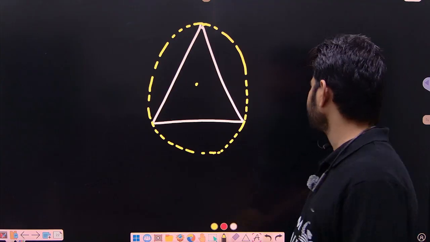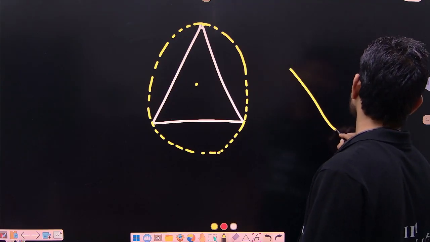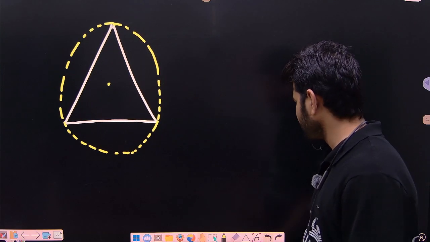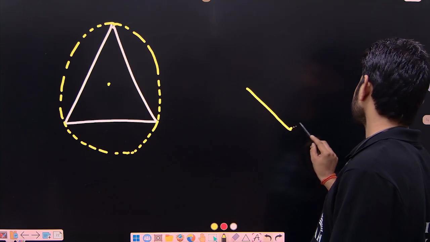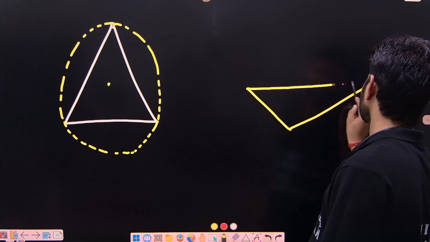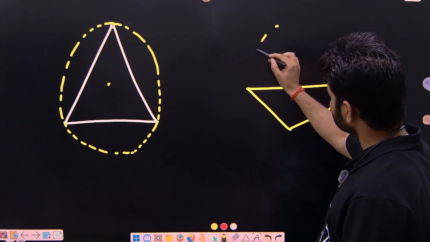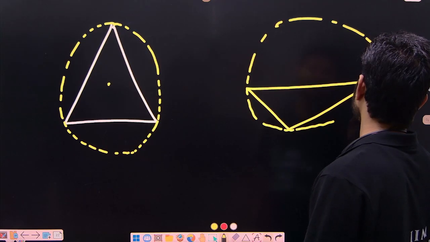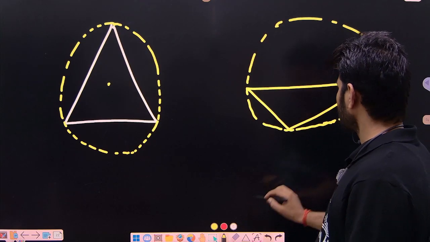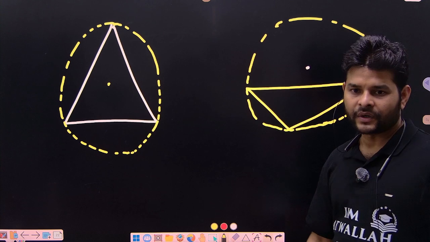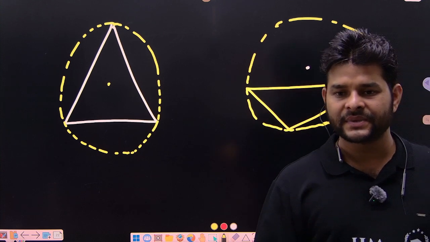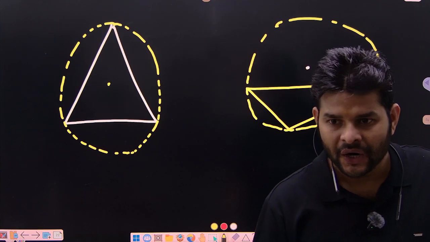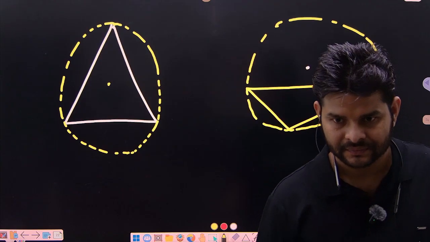If the triangle is obtuse, and if you draw it now, I am again saying I am unable to make the perfect one, the circumcenter must be outside the triangle.